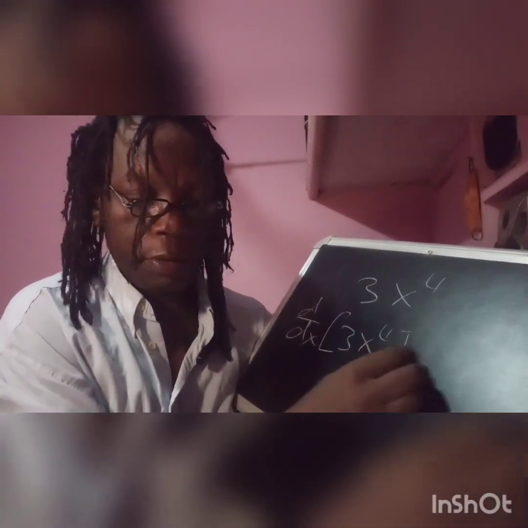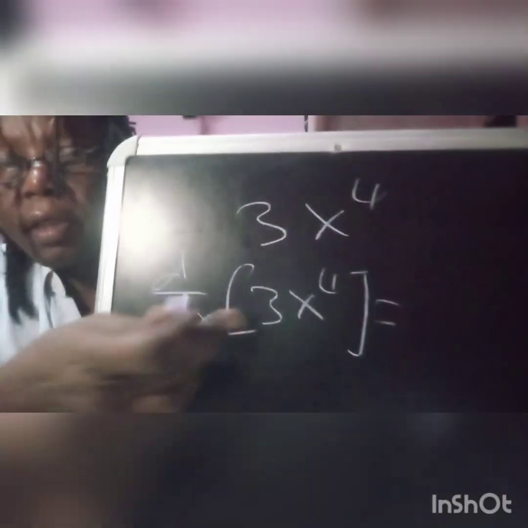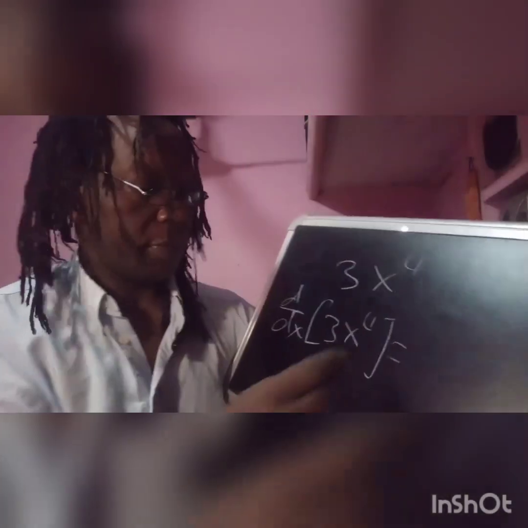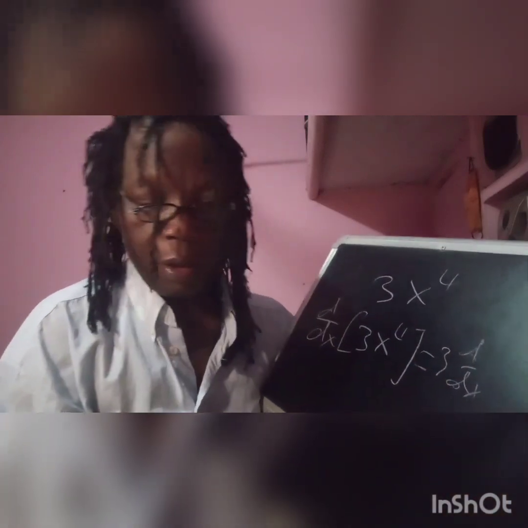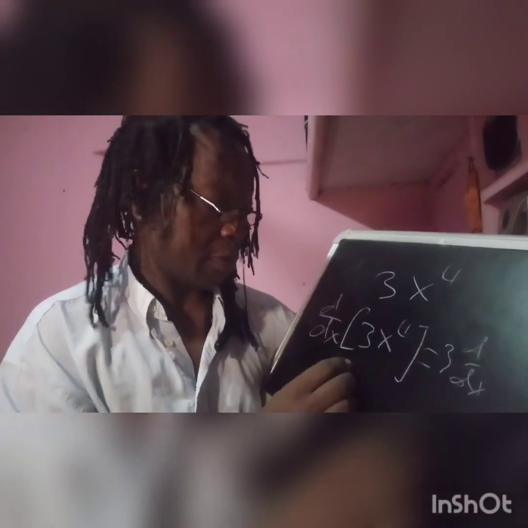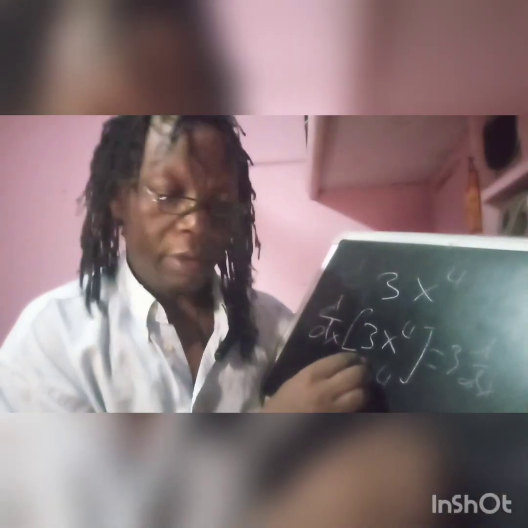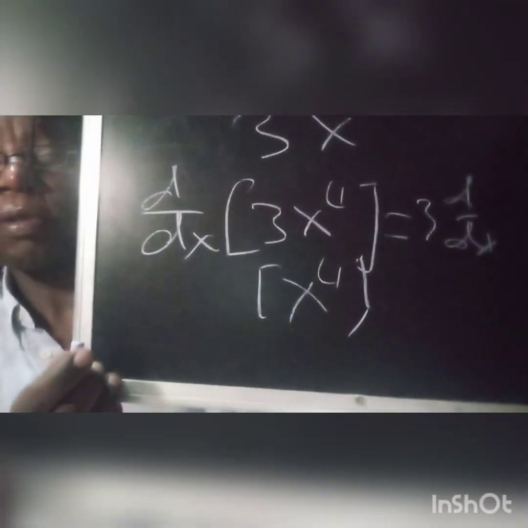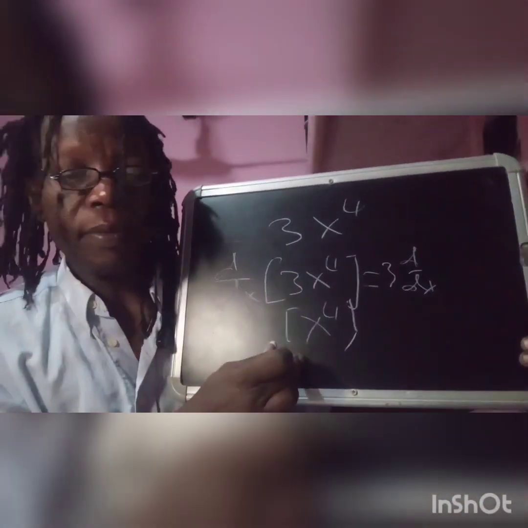I'm differentiating this according to that formula. So this will be equal to 3 times d over dx of x to the 4. I'm going to differentiate x to the 4. It's a continuation of this because there's no space here, so I've shifted it down.